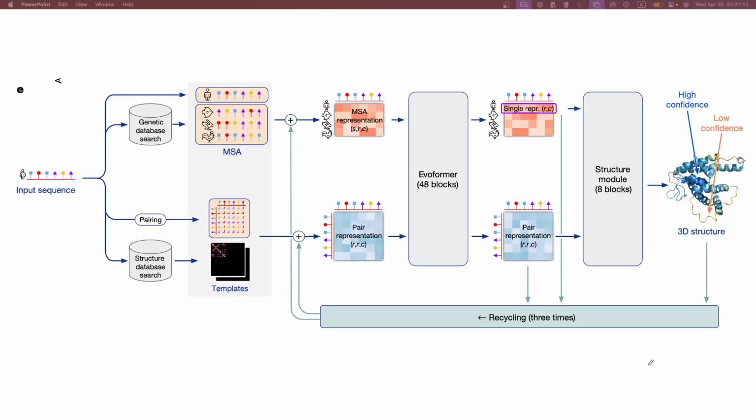And you feed it back again to refine the attention for those low confidence areas. Makes sense. And that is the entire structure of AlphaFold 2. Nice. Good job. Any questions here? No? Okay.